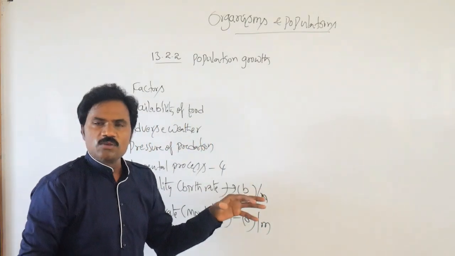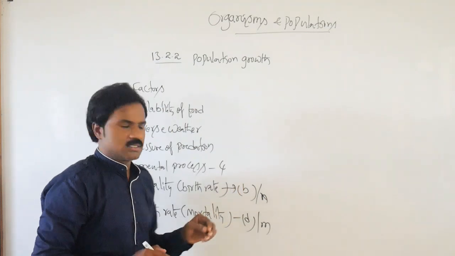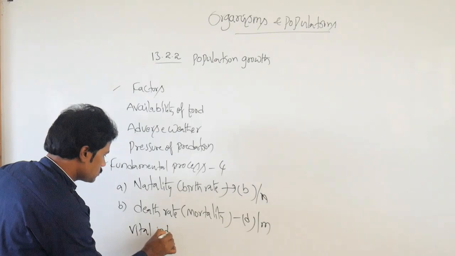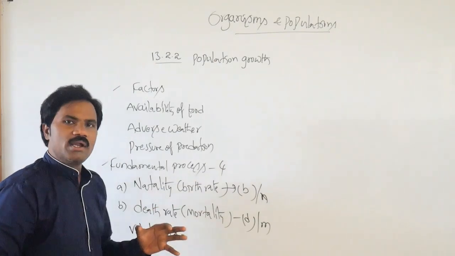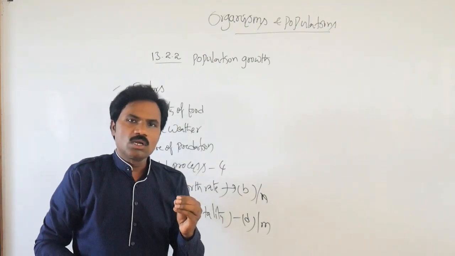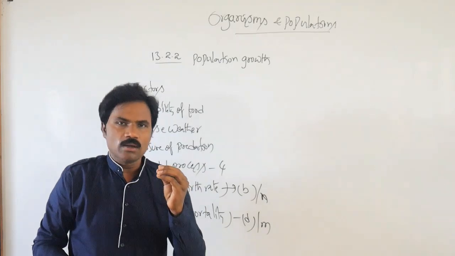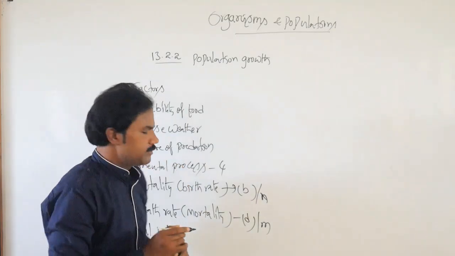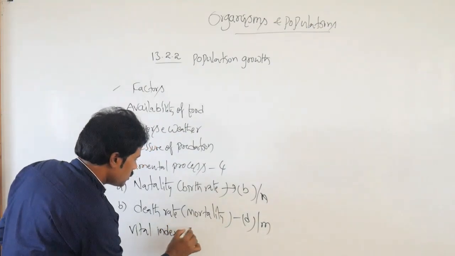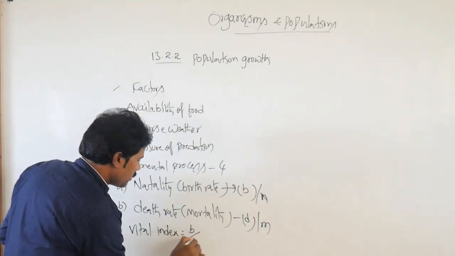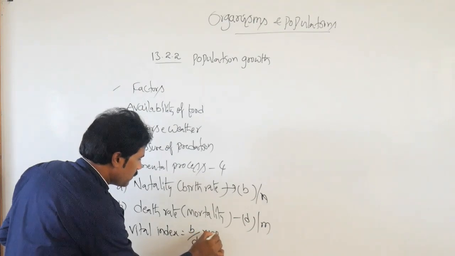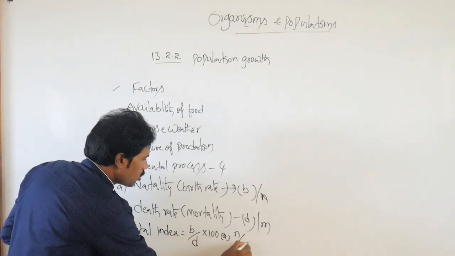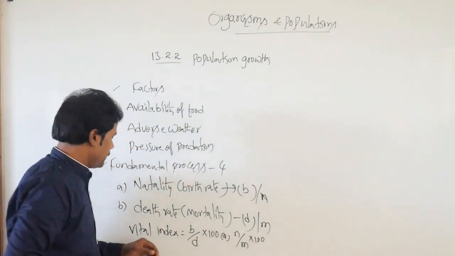Then what is meant by vital index? Vital index represents the total number of births divided by the total number of deaths, multiplied by 100. Birth rate by death rate into 100, or natality by mortality into 100.